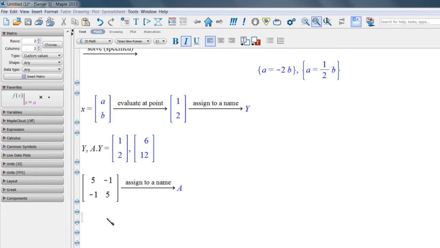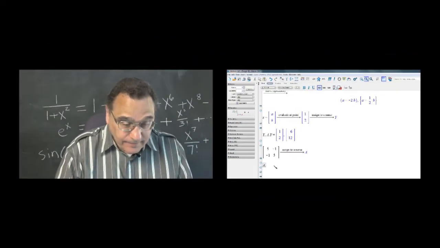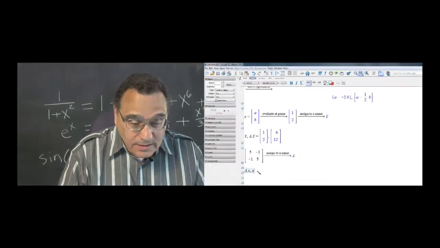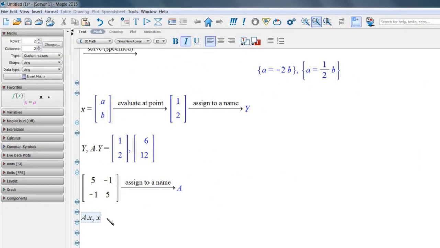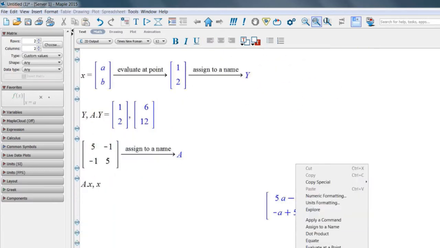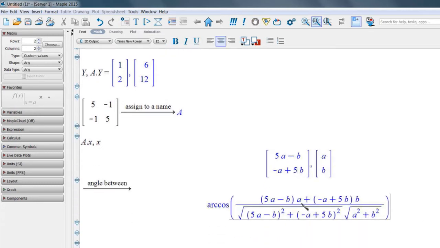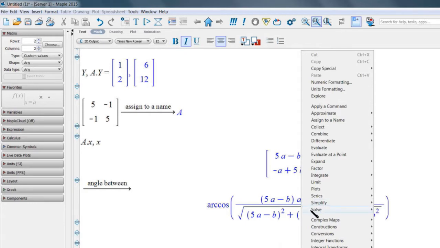So are there vectors for which AX and X align, have the same direction? So here's AX, and here's X. Now, there is in this linear algebra package an angle between 2 vectors, and if you want to see that, I'm going to be setting that angle equal to 0.